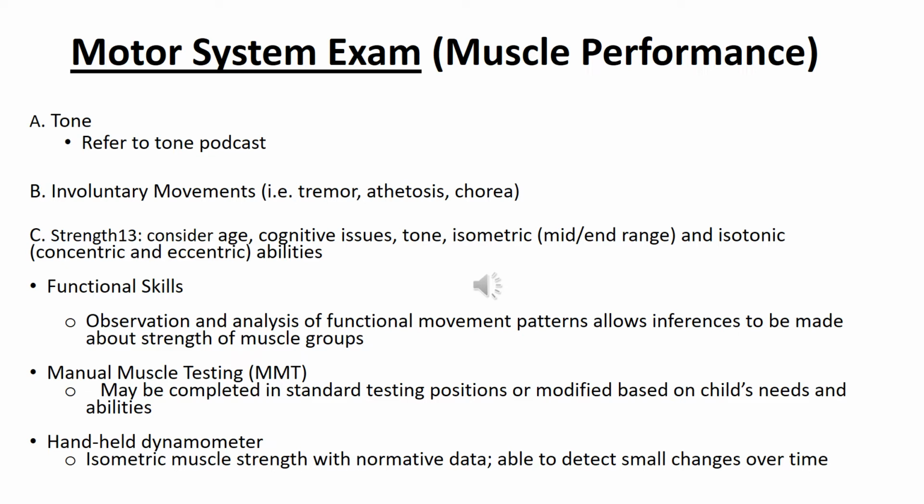If you think about the words that you told your adult patients, moving through a range, holding at end range, they may not be able to follow those instructions. Depending on the position, the child may not be able to independently assume or maintain the standard testing position for a manual muscle test. So there are some disadvantages as it relates to that.